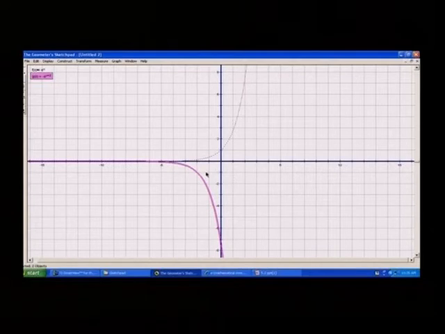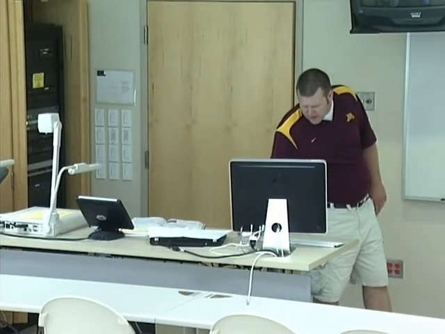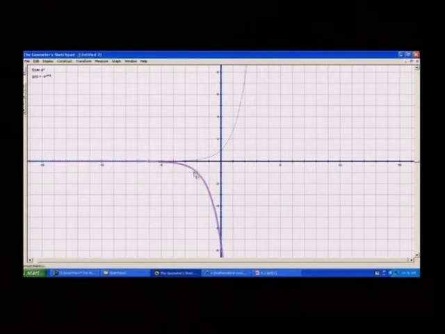Now as we look at that, definitely our intercept's not at 0, negative 1. In fact, the point it goes through at negative 1 is negative 2, negative 1. Let's plot that point real quick. There's negative 2, negative 1.